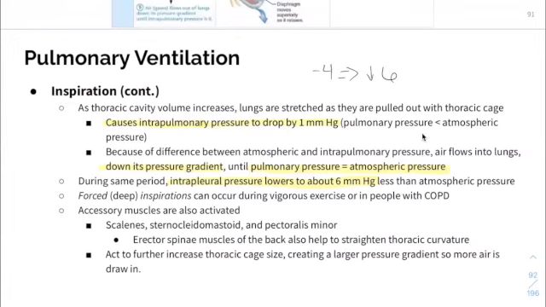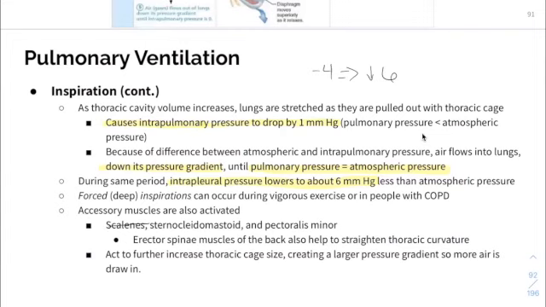But what about forced inspirations or deep breathing? People who exercise, people who have COPD, asthma, any kind of lung condition, do a lot more forced inspirations than when you're at rest.